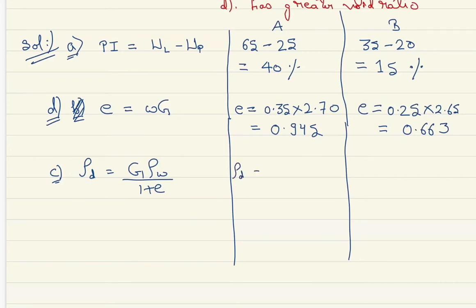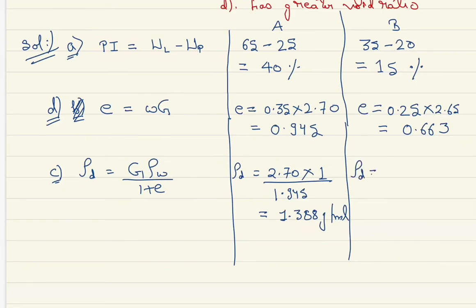So for soil A, rho d will be equal to 2.70 into 1 upon 1 plus e, that is 1 plus 0.945, and it will be equal to 1.388 gram per ml.